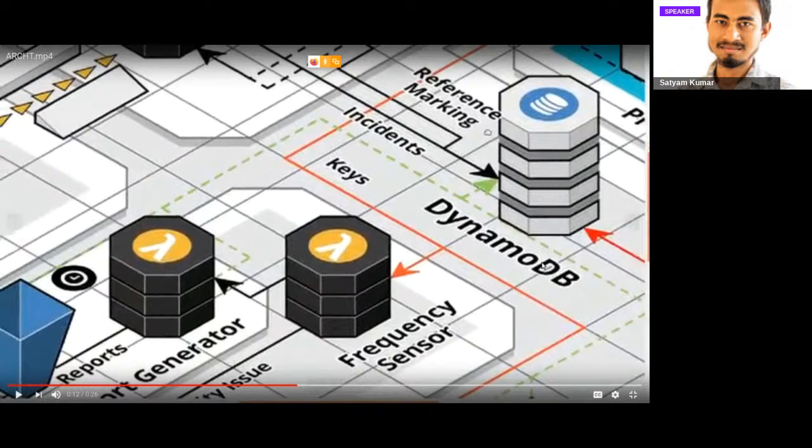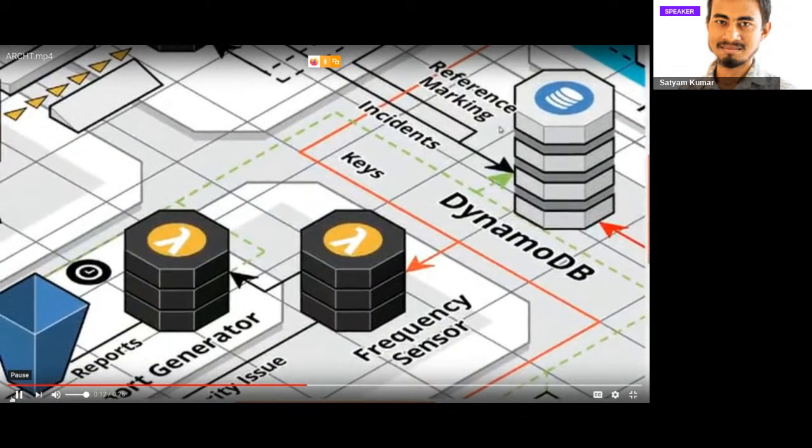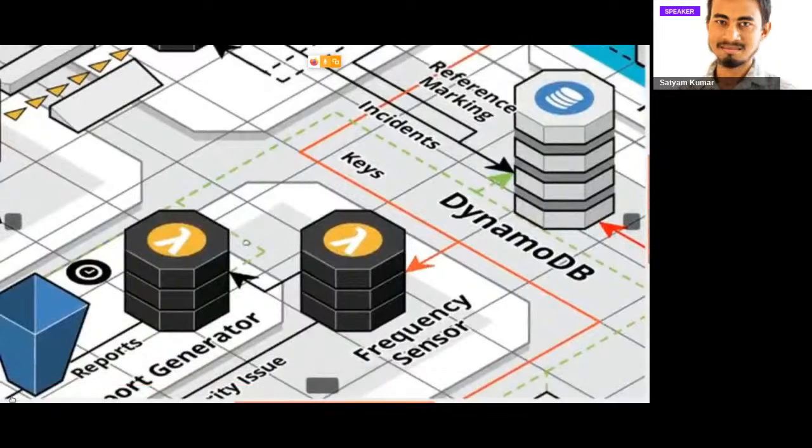So we need to figure out when to process this particular event. This task is done by the service we call the frequency sensor. It senses the frequency of whatever alerts we have received, and accordingly sends the alert for processing. And here, we are going to move forward in the same flow.